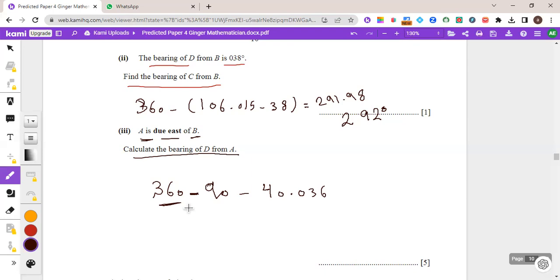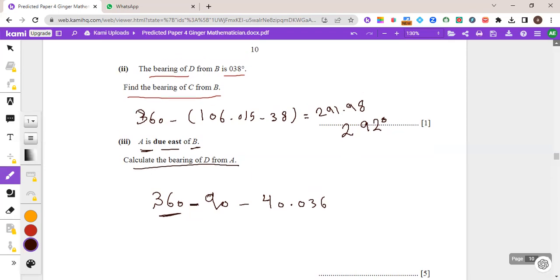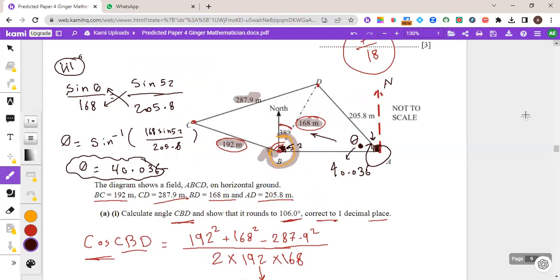One minute again, just to check. Okay. Here, guys, I subtract 90 minus 40.036.